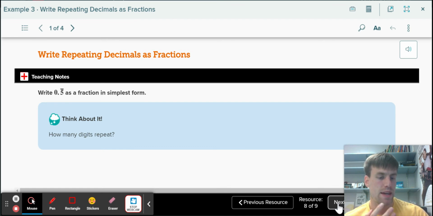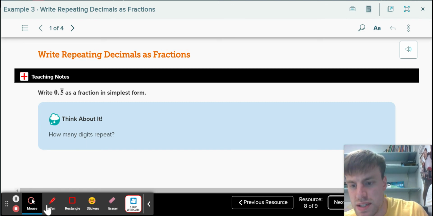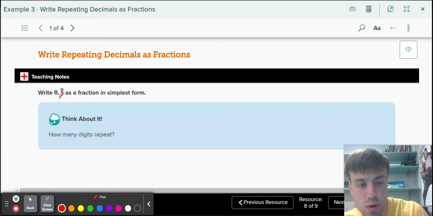Now, the McGraw-Hill goes into very detailed explaining of why this works, how to turn this into a fraction. I'm going to simplify it for you and just tell you that if you have a repeating decimal, you're going to take the decimal that repeats. It could be more than one. So say it was like 0.54. You could take them both if they both repeat.